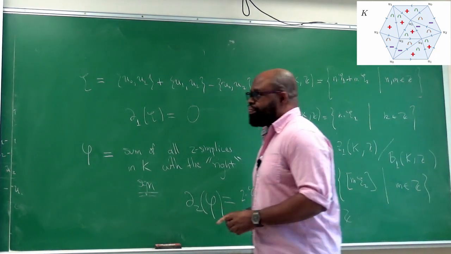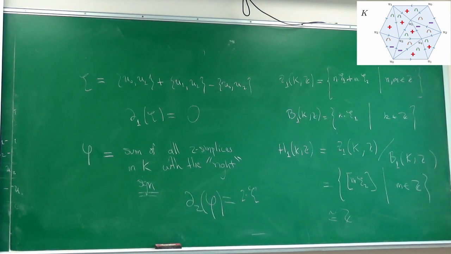Let's see why. I chose the signs so that all the interior edges cancel out when I take the boundary. And what is left? The outer edges. Those are this guy, which is the chain that we just defined as zeta, and then these guys as well, which is zeta again.